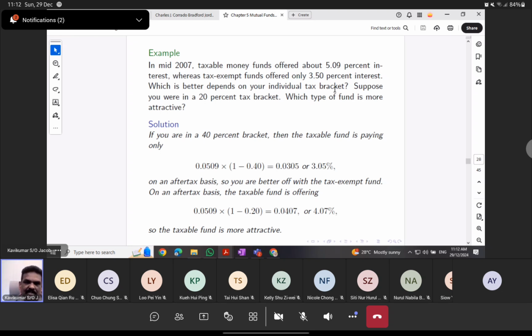Suppose you were in a 20% tax bracket. Which type of fund is more attractive? Actually, this is the 40% tax bracket, not 20.